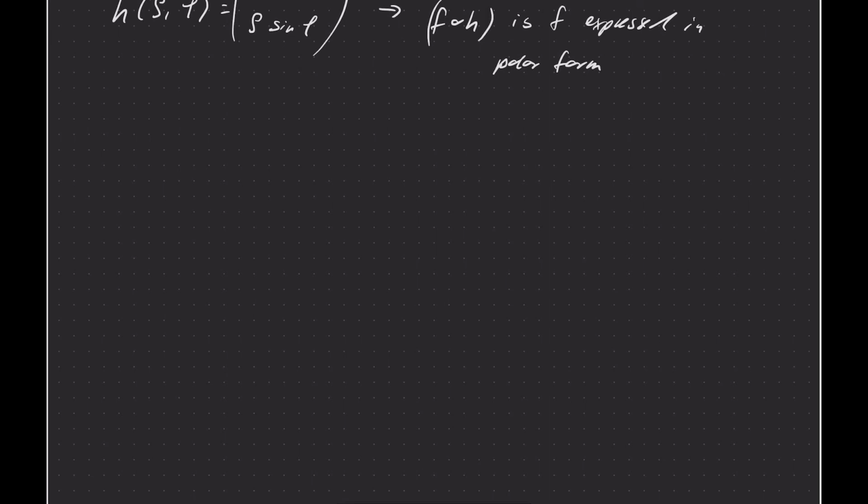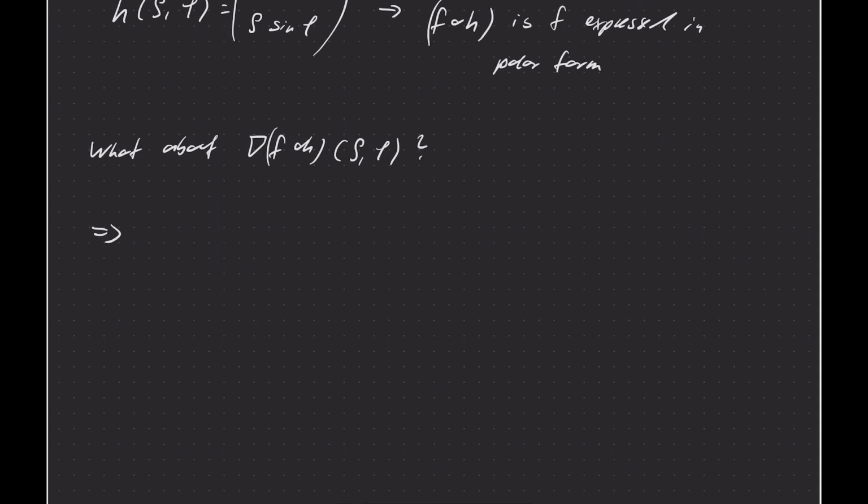Okay, and now let's say we want to compute the gradient of that new polar form of f. So what about the gradient of f after h at a point rho and phi? Well, if you want to do that, then we can easily do that by using the chain rule, right?